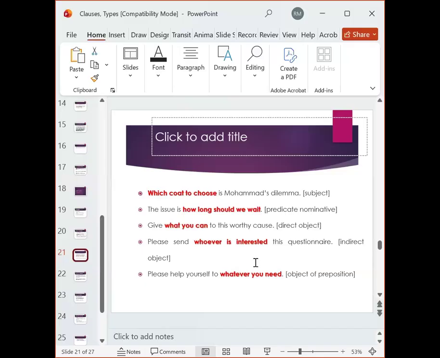What you can, can is a modal verb. Is interested, so is the finite verb. And need in the last one is the finite verb.